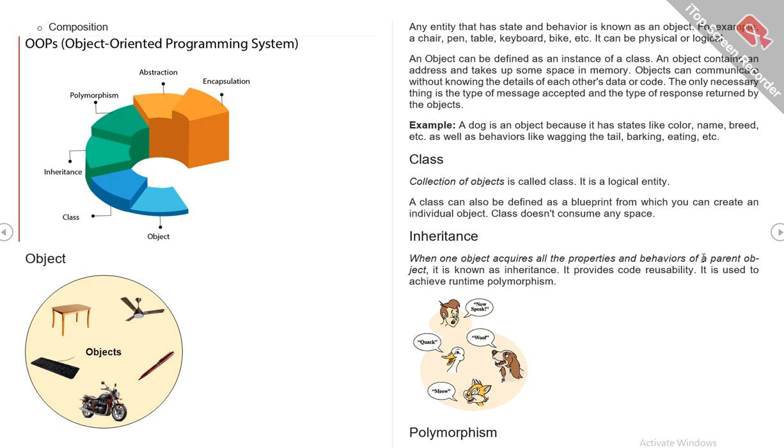So, inheritance. When one object acquires all the properties and behaviors of a parent object, it is known as inheritance. It provides code reusability, and it is used to achieve runtime polymorphism.